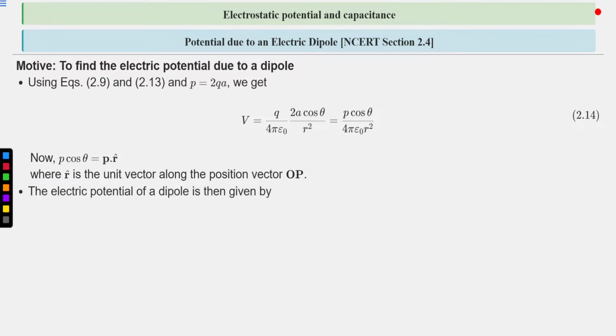Now the electric potential of a dipole is given by 1 by 4 pi epsilon naught, replacing p cos theta with p dot r cap, by r square, where we have assumed that the distance r is much greater than the dipole length. This assumption applies here. This is the final result of the potential due to a dipole.